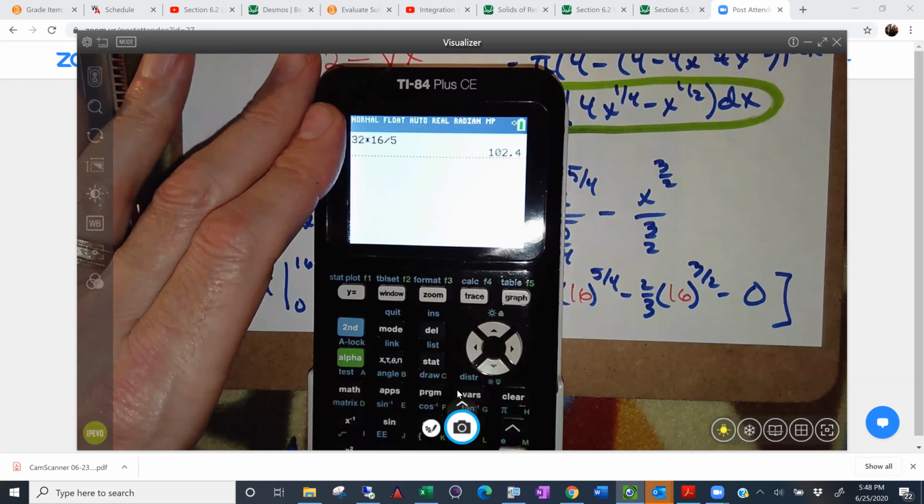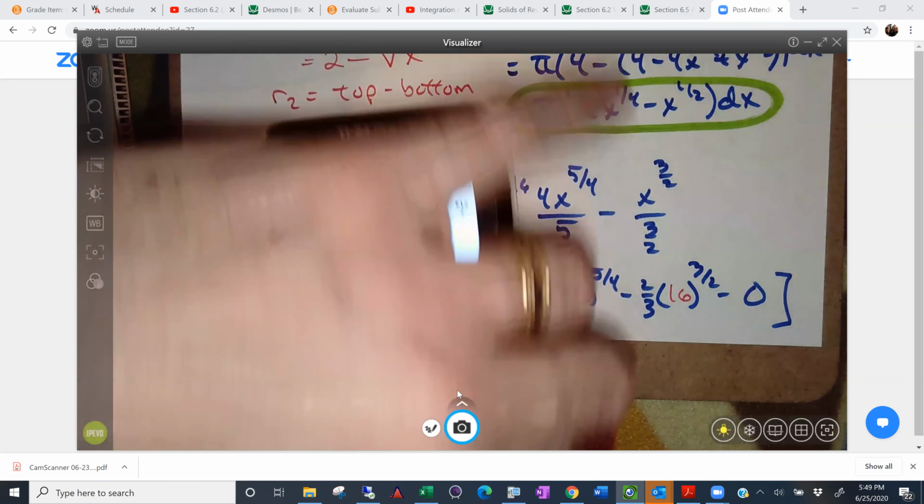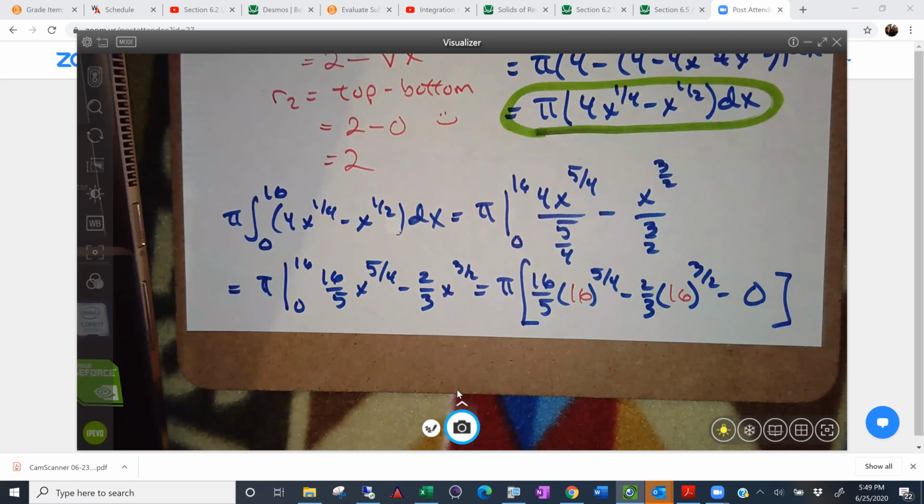Answer to fraction, there we go, 512 over 5.